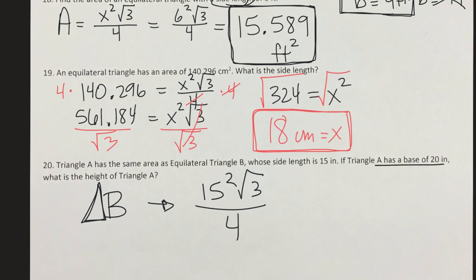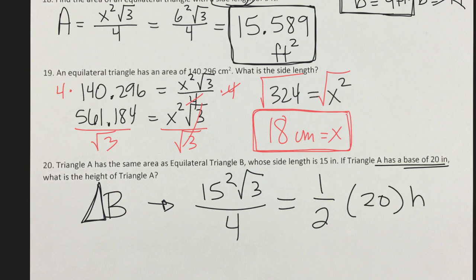Triangle A has a base of 20. Do you want to know what that area is as a decimal? No, I don't. But I know that it has to equal 1/2 of base times height.